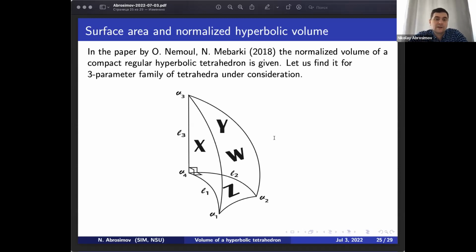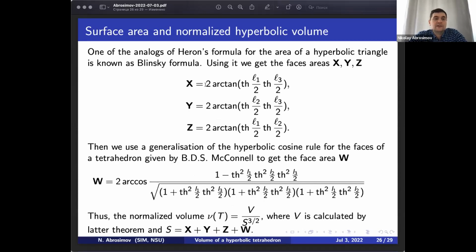We denote by capitals X, Y, Z, and W the face areas of a hyperbolic tetrahedron with right angles at one vertex, and we compute the areas of each face.